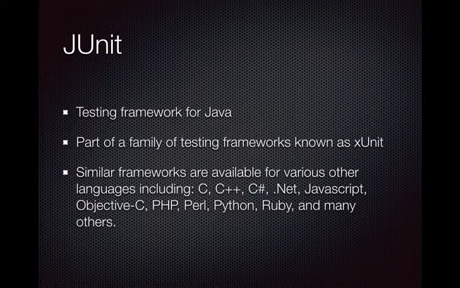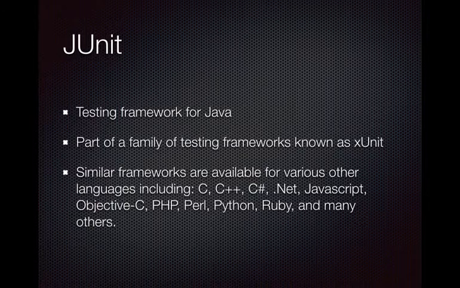As part of writing tests, whether you're using test-driven development or just need to test your code, there is a testing framework for Java called JUnit, and it's part of a family of frameworks known as XUnit. And there are similar frameworks available for quite a few other languages. C and C++, there's a C#, .NET.